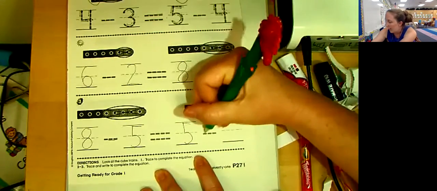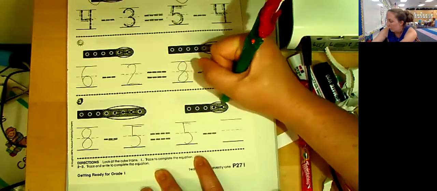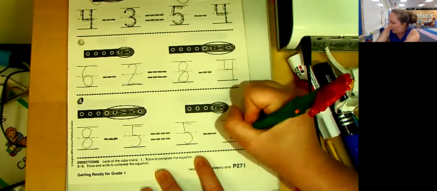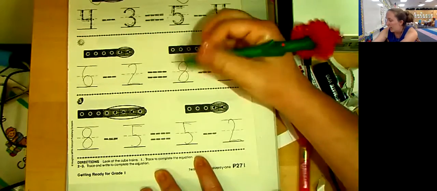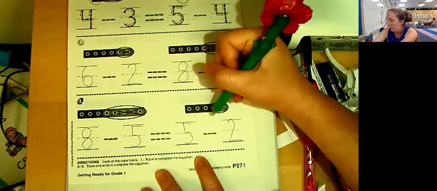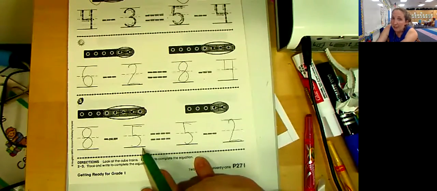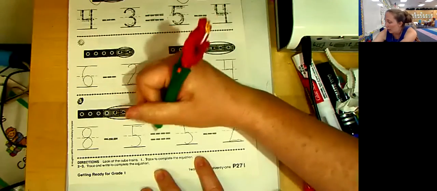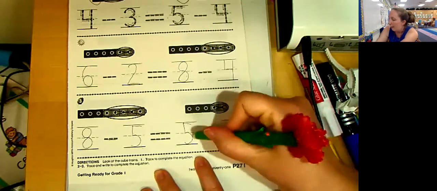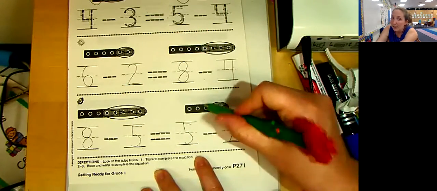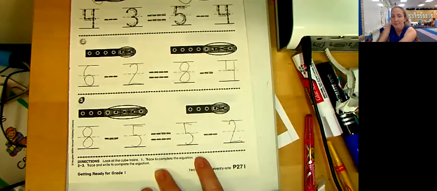And then they told us to take away 1, 2. So in the end, we ended with 1, 2, 3. 3 on this side, 3 on this side. So 8 minus 5 is the same. It's equal to 5 minus 3, because that gave us 3 on this side, gave us 3 on this side.